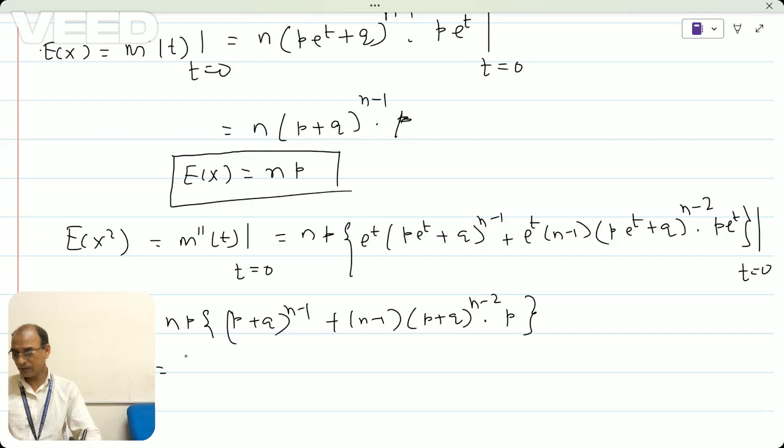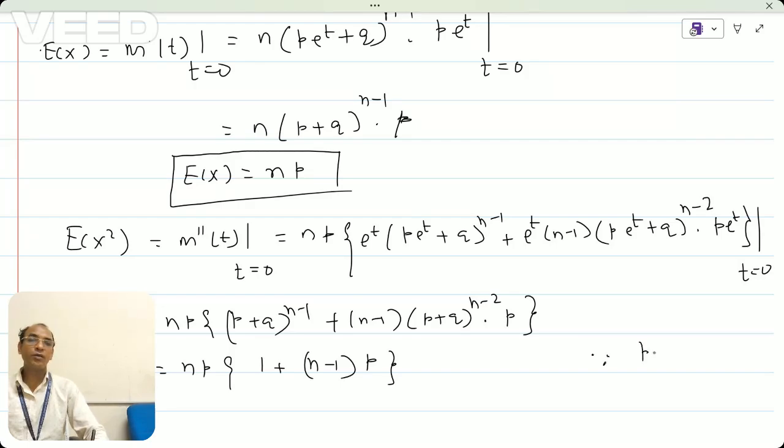So what we will get here is np into 1 plus (n minus 1) into p, since p plus q equal to 1.